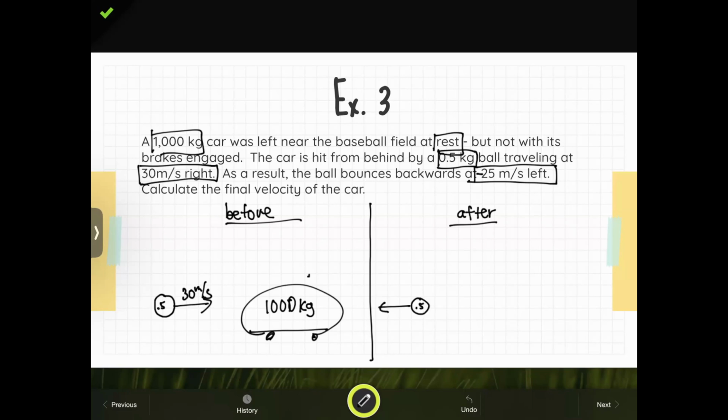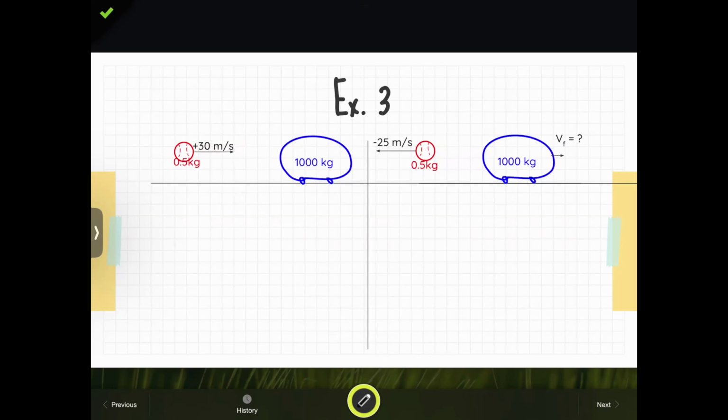So notice in my after picture, the ball is moving backwards at negative 25 meters per second. So I have to have that negative number. And I don't know the final velocity of the car. So we drew our picture. Now we calculate the momentum of each piece of the puzzle.